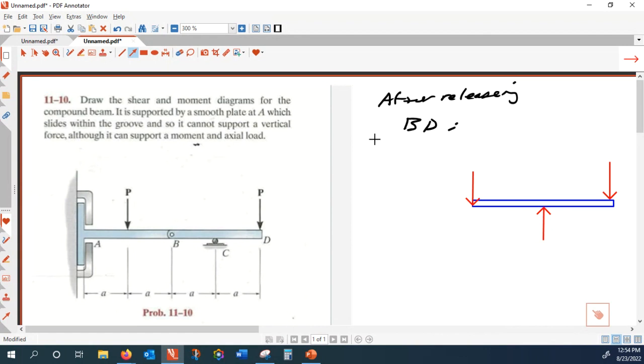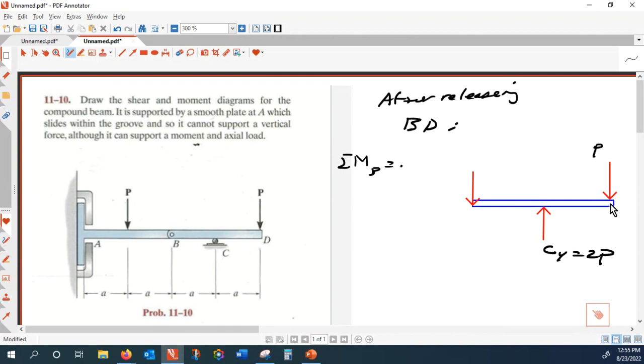All right, so I think that is P, and if I take moment of rotation with respect to B equal to 0, that gives me Cy that is equal to 2P.